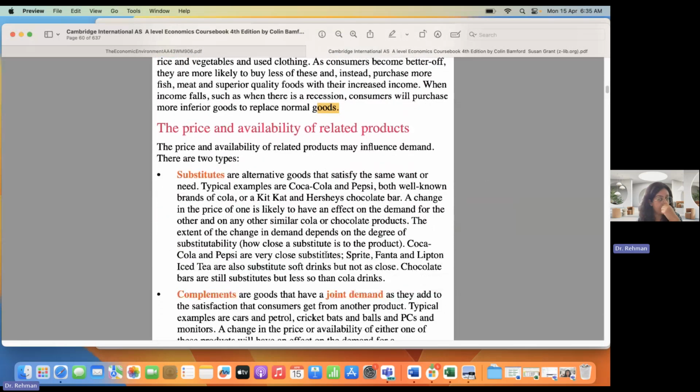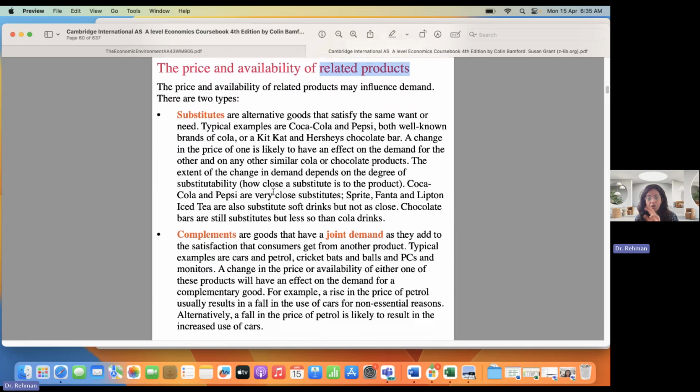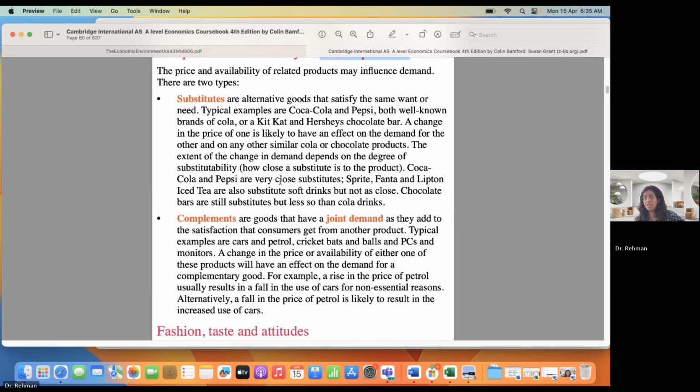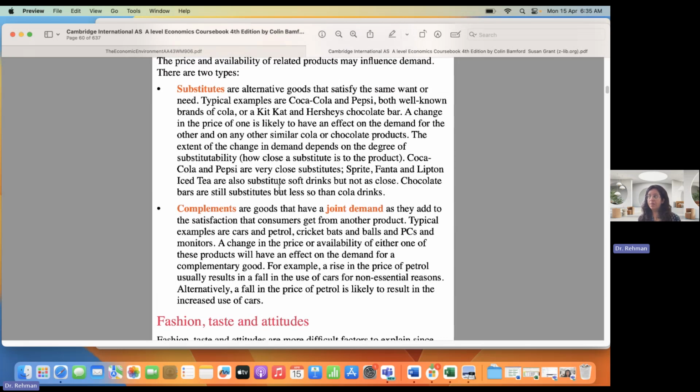Now another factor that affects the demand of a product is price and availability of related products. What does that mean? Here, related products can either be substitutes or complements. What are these? Substitute means any product that can be an absolute replacement of your good.